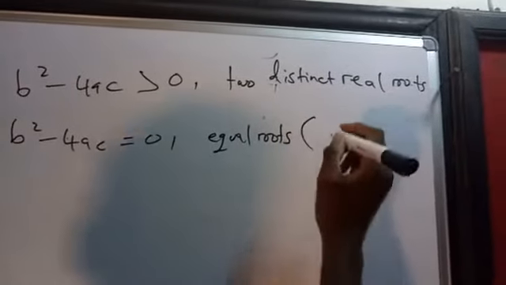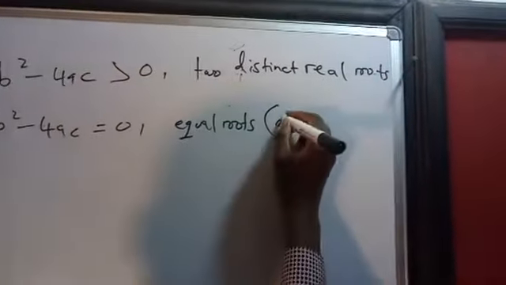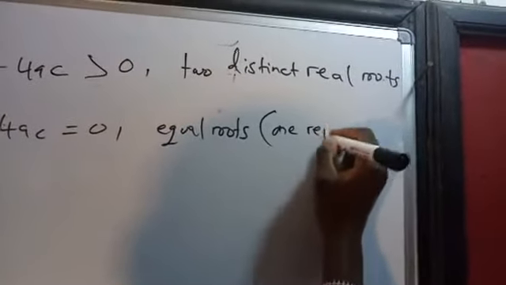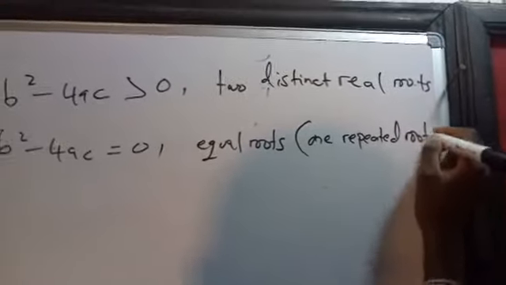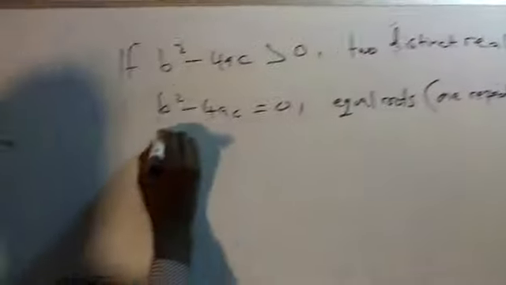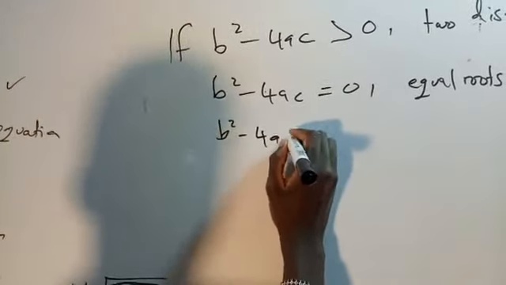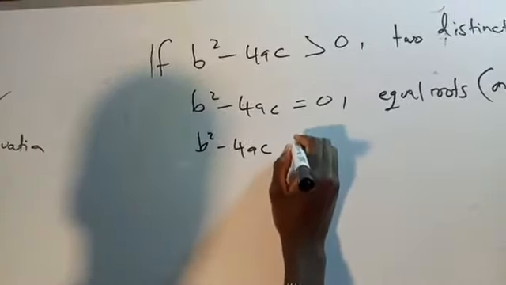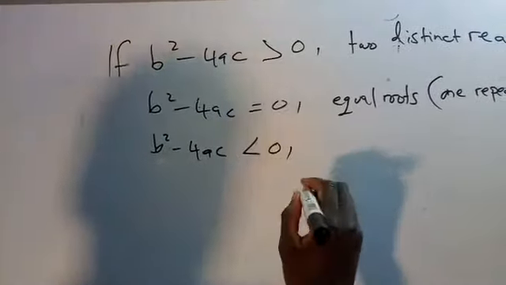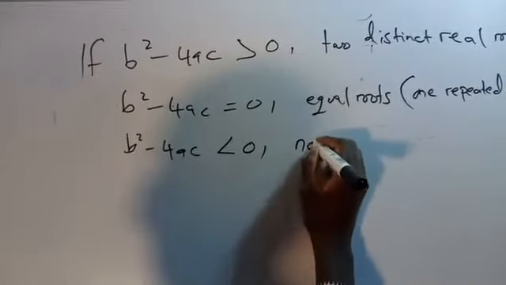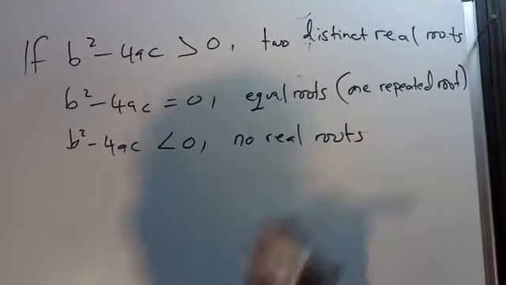In brackets, it can be called one repeated root. And when b squared minus 4ac is less than 0, then there are no real roots in that equation.